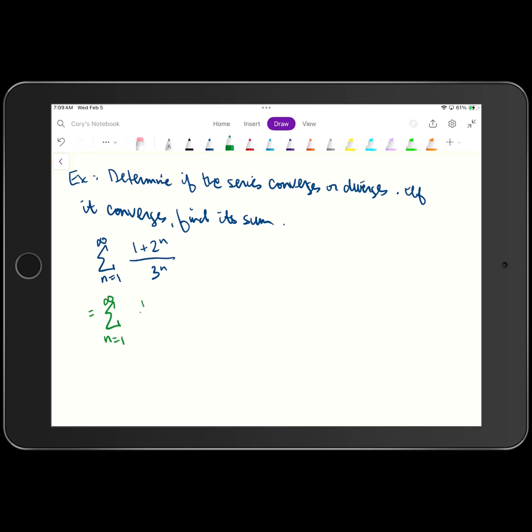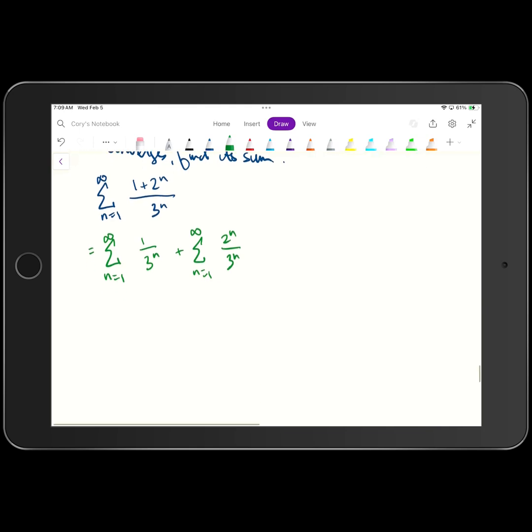The first way I can do that is by taking the sum from 1 to infinity of 1 over 3 raised to the n power, plus the sum from 1 to infinity of 2 to the n power over 3 raised to the n power. Now I want to format these two sums appropriately for geometric series. The first one is the sum from 1 to infinity of, I can rewrite that first quantity as 1 over 3 raised to the n power.